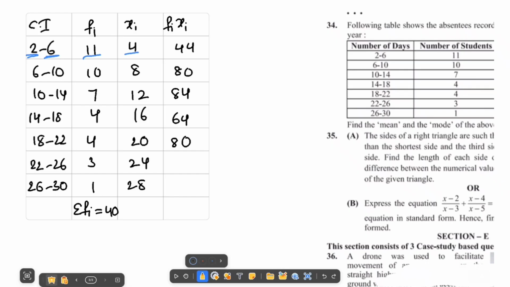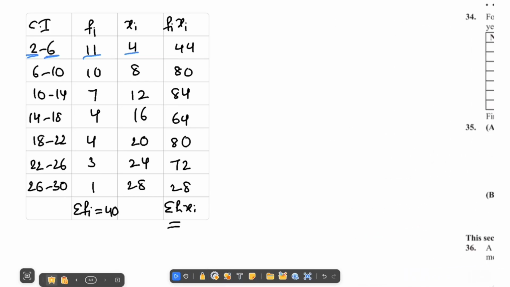Now it is 72 here. Now it is 28. Now this one is summation FiXi, the sum of all the values in this column. So what do we get if we add all these? 44, 80, 84, 64, 80, 72, 28.